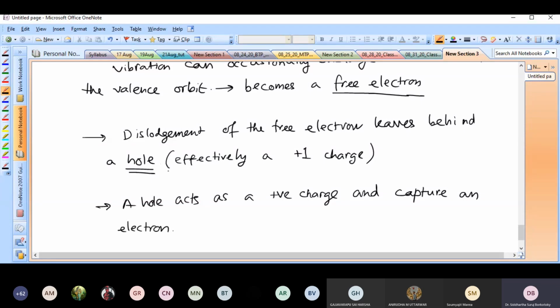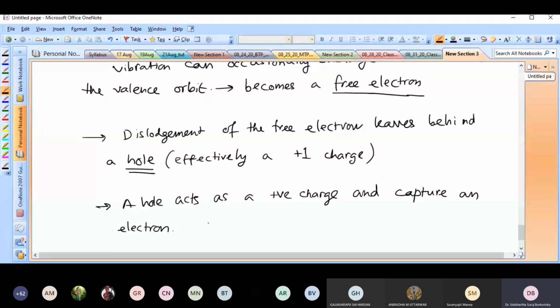Now, these holes and electrons are at the very core of electronics. So how do we deal with these holes? How do we create these holes at our will, intentionally create holes at some place and a lot of free electrons at some place, and then make use of these structures?